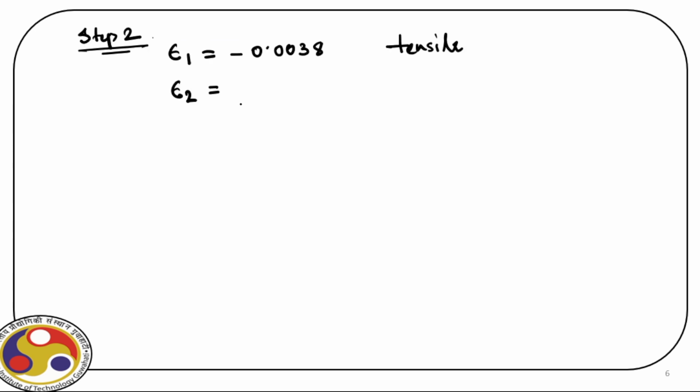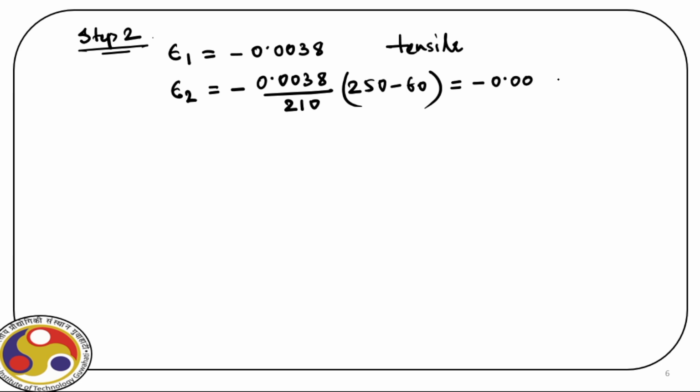And if you do that, you have again minus, that is the tension zone, 0.0038 divided by 210, then multiplied by 250 minus 60. So this value is minus 0.0000648. Again, this is tensile.